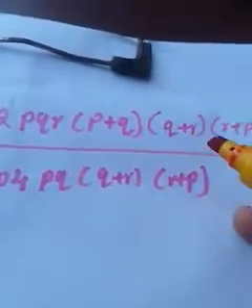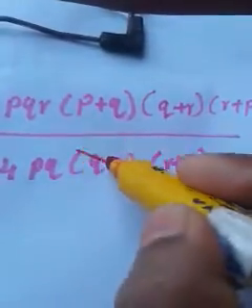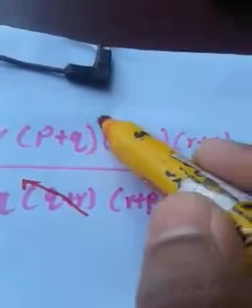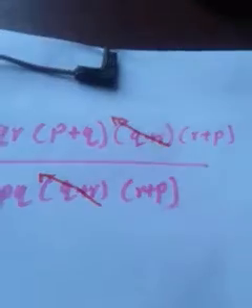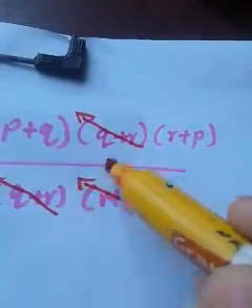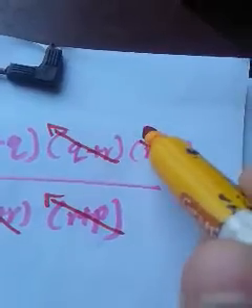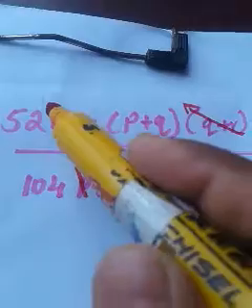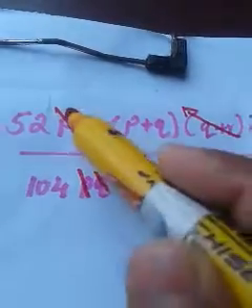See, very simple question. Here you can see Q plus R, and the numerator also consists of Q plus R. You can cancel both because both are the same. And the denominator has the term R plus P, and the numerator also has the term R plus P, so cancel that term. Here P and this P will get cancelled, Q and this Q will get cancelled.